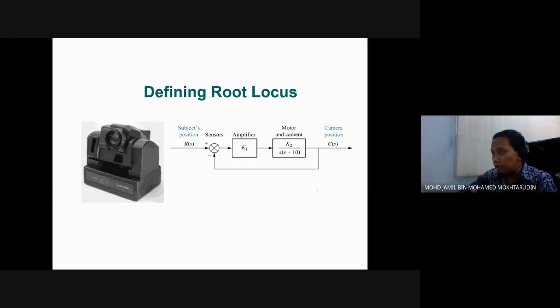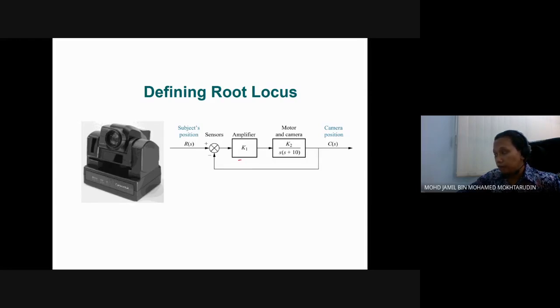Let's look at an example of how root locus is formed. Let's say you are given a camera system, and you want to control the position of the camera angle, whether it goes up or goes down. In the camera, you have several subsystems.